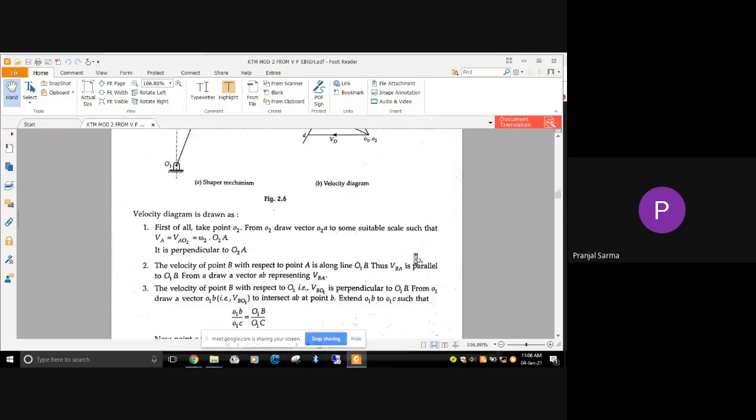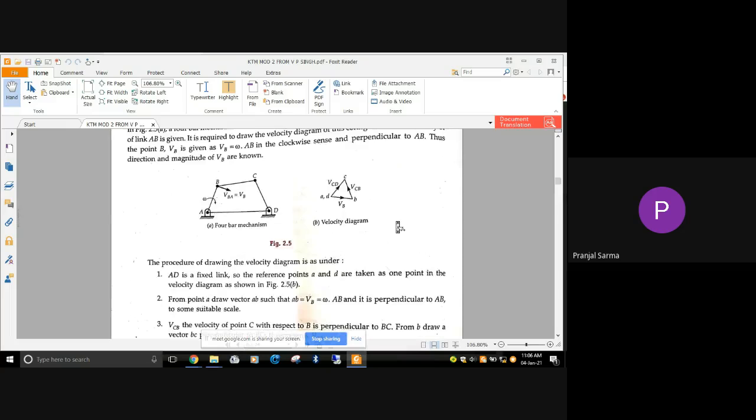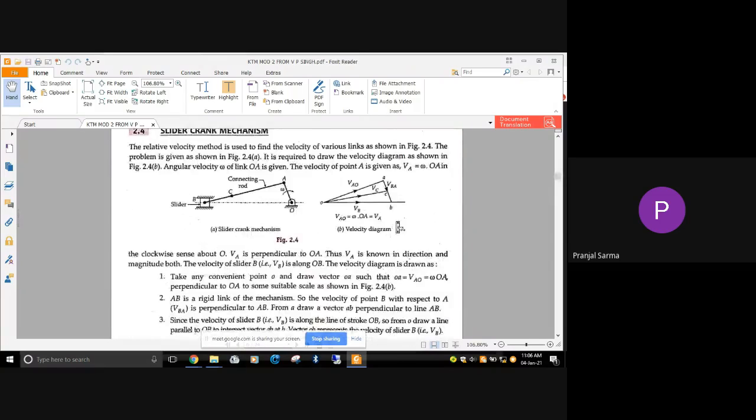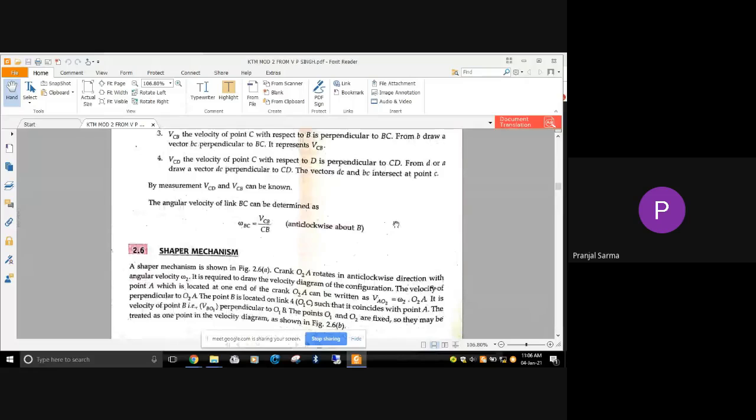In the last class, we were in this module where we are discussing velocity and acceleration analysis. There we went through velocity analysis of different mechanisms like the slider crank mechanism, the four-bar mechanism, the shaper mechanism, etc. And we utilized the relative velocity method for doing so.